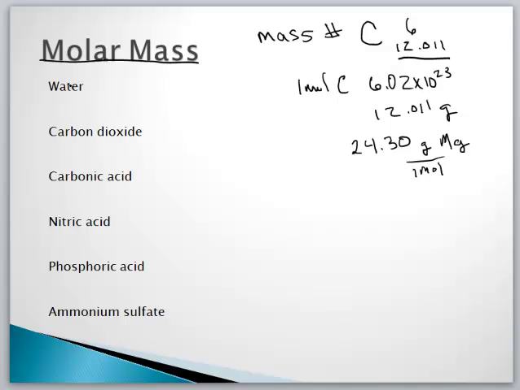So when we're trying to calculate the molar masses of compounds, what you've got to do is add up all the molar masses of that compound. So for example, water is H2O. To find its molar mass, you've got hydrogen and oxygen present in the compound. You've got 2 hydrogens and 1 oxygen.